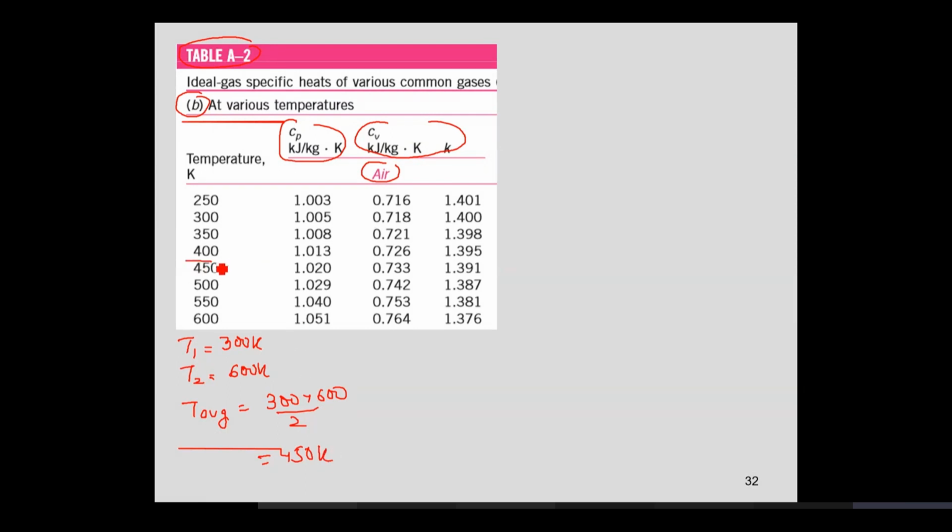If I look at this table, 450 Kelvin is mentioned against these values, and since I have to calculate the delta U, delta U is essentially what? Delta U is the integral from T1 to T2 of Cv(T) dT.